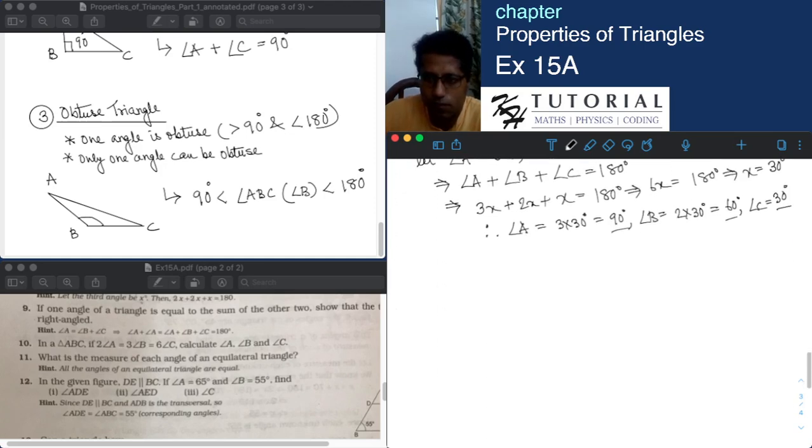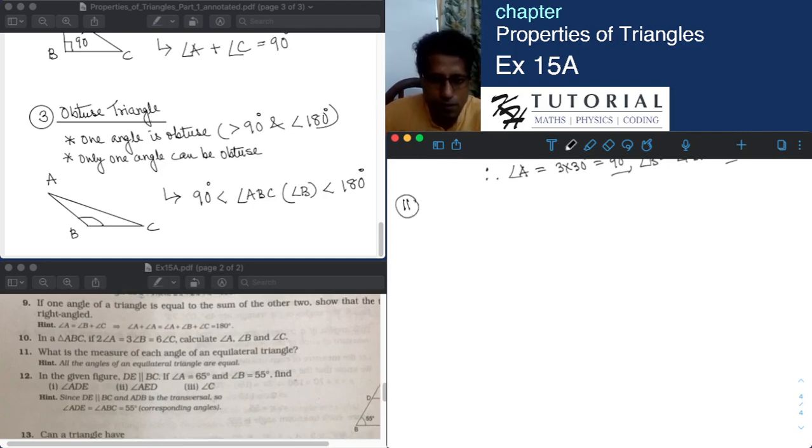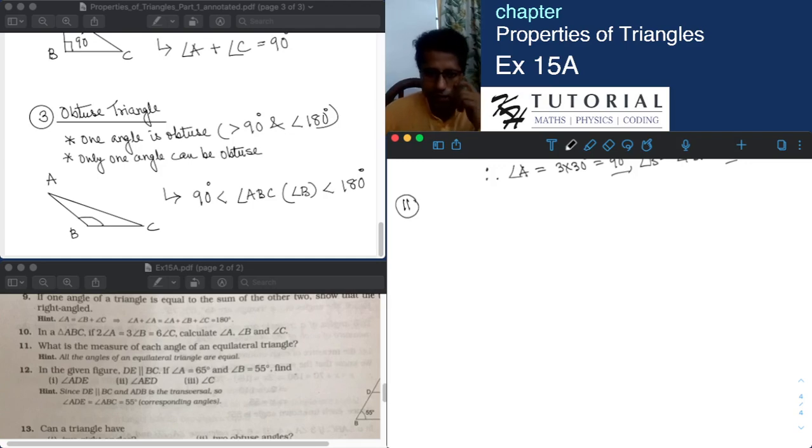Okay, let's do problem number 11. Problem number 11 says, what is the measure of each angle of an equilateral triangle? We have already discussed in the theoretical part that the angles of an equilateral triangle are equal, and each of those equal angles is 60 degrees.